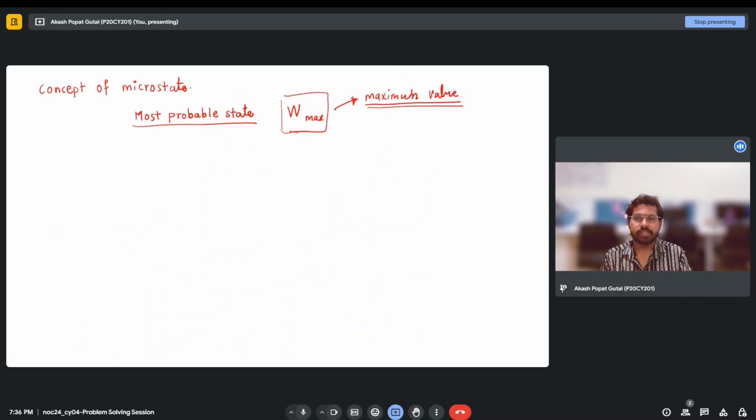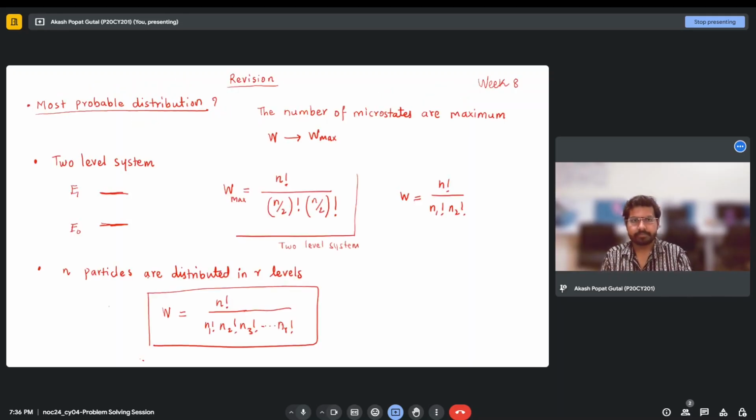And the concept of microstates: the most probable state would be that state having the maximum number of microstates. In this course, we define the most probable distribution and how we can calculate it.